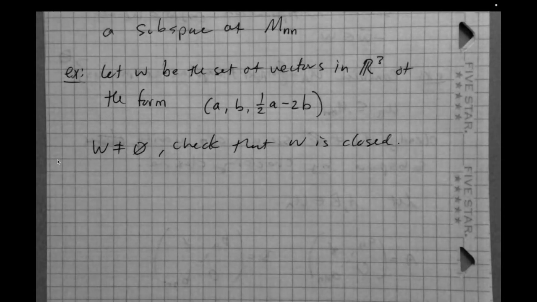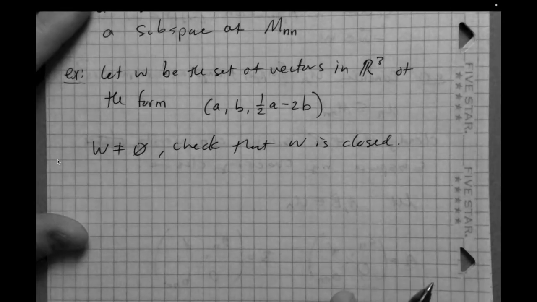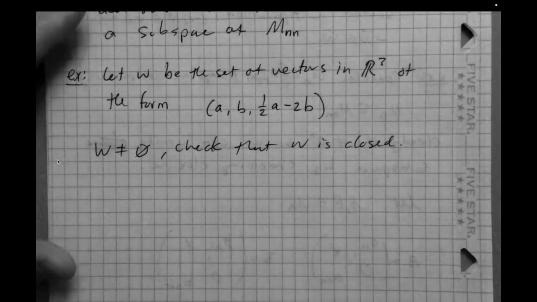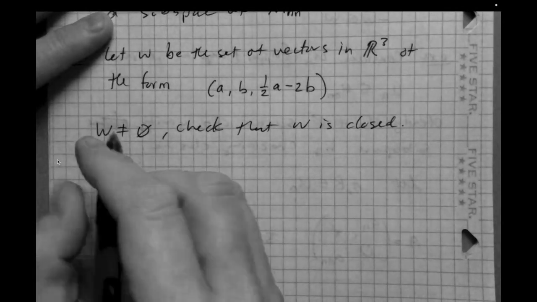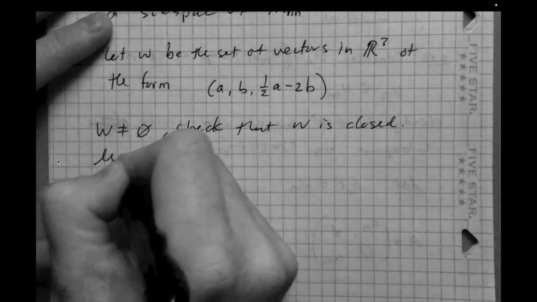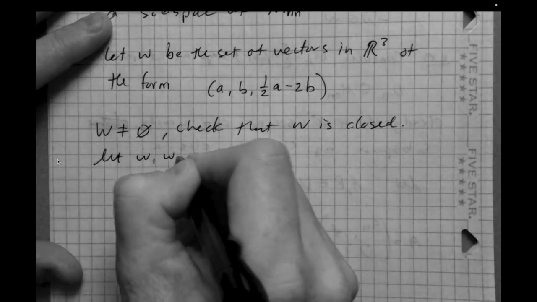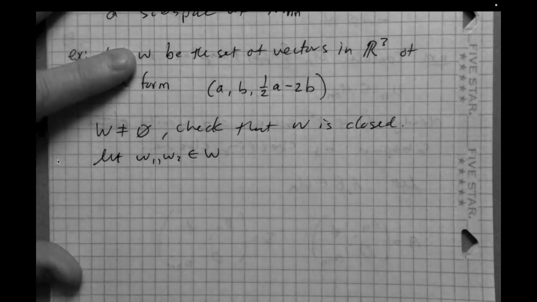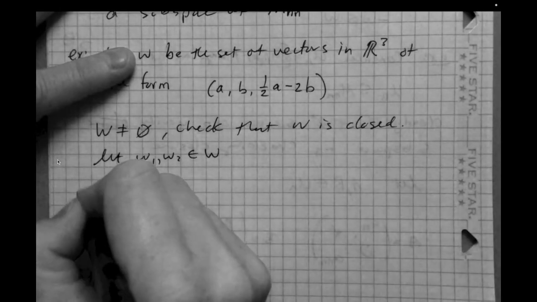Okay, so how do we do that? Well, we just take two arbitrary elements in W, add them together, and see if the sum remains in W. So we'll let W1 and W2 be elements of W.